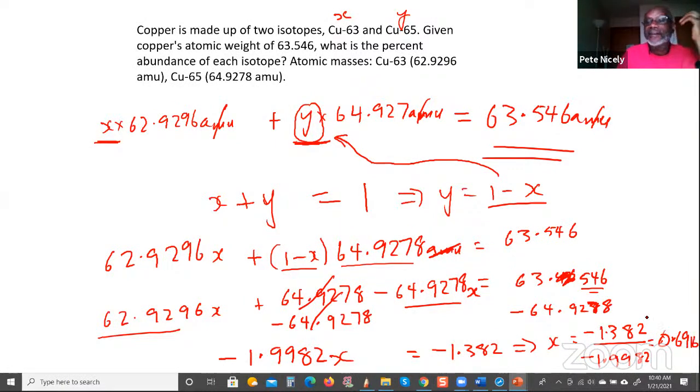I can't fit this here. So that would be the fraction of copper 63, right?